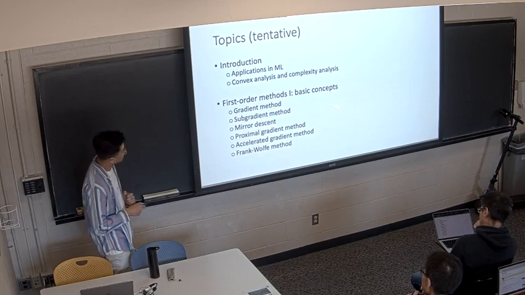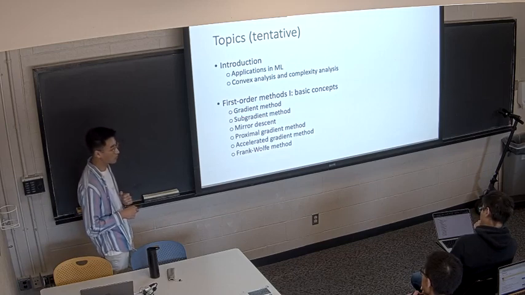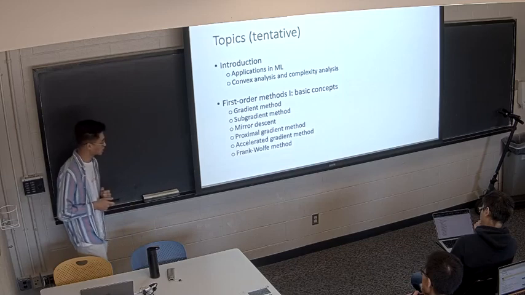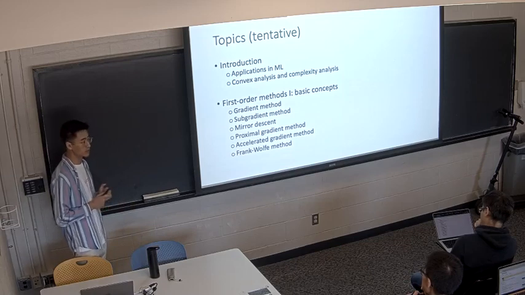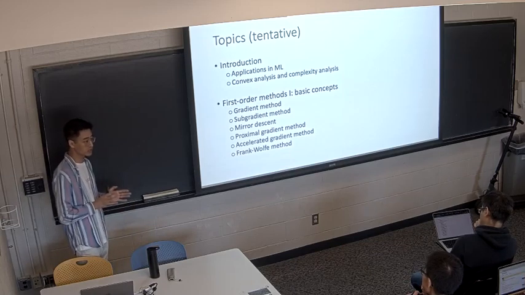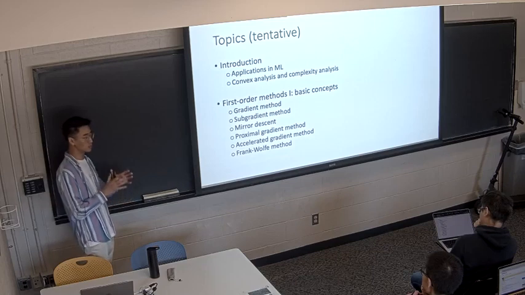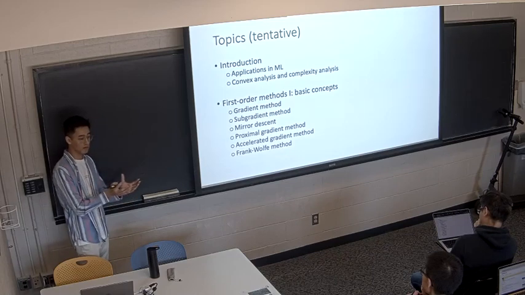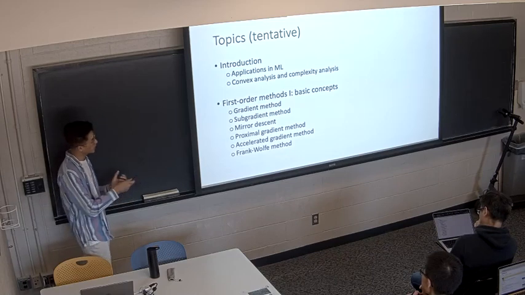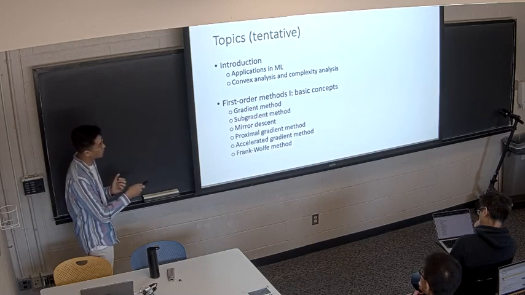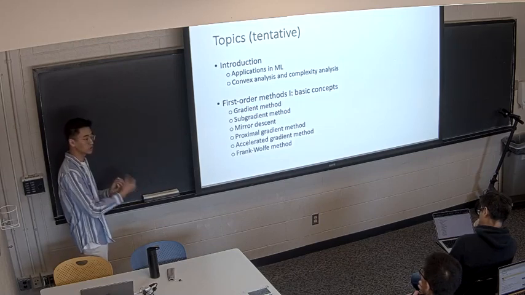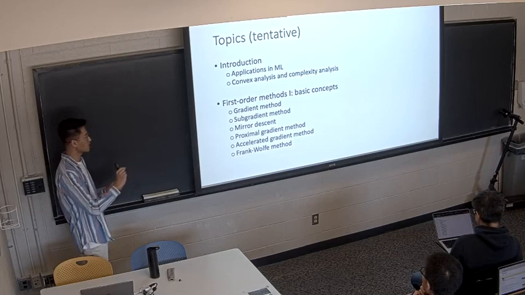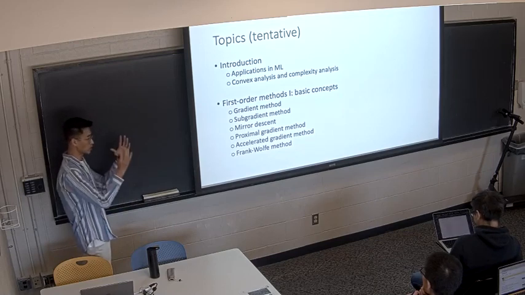The last topic of the basic classical results will be Frank-Wolfe, which is also called conditional gradient. Basically, this is a projection-free method. Suppose you want to minimize some function over a convex closed set. When you do gradient method or subgradient method, you need to do a projection onto the set. Because if you do a gradient step, you may go outside of the region.